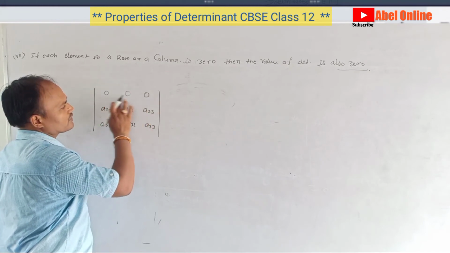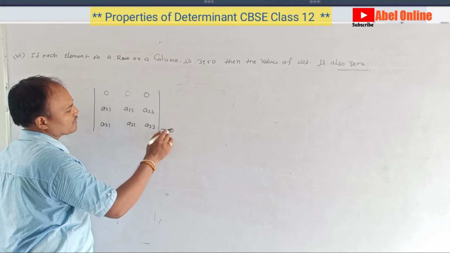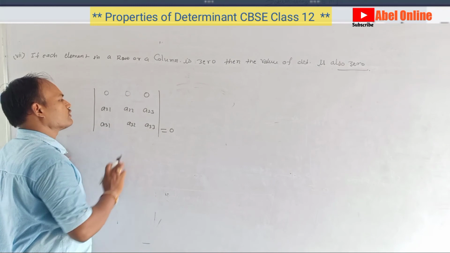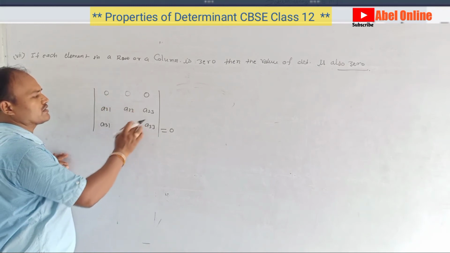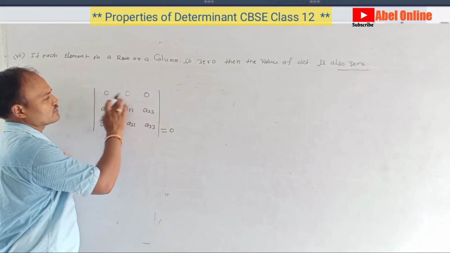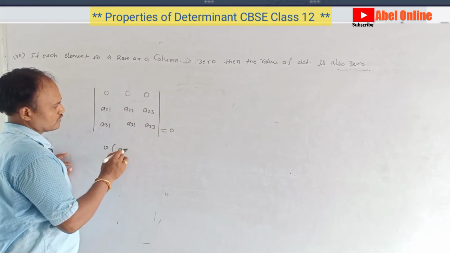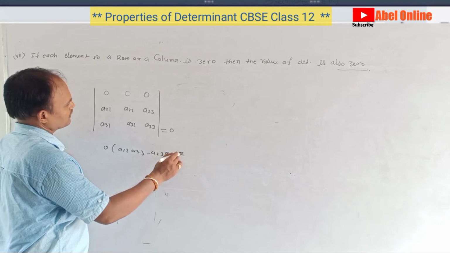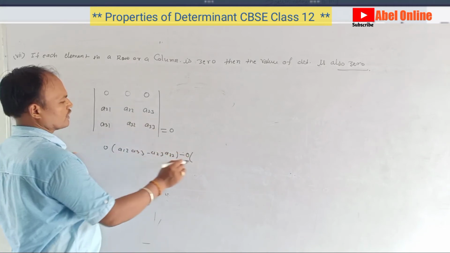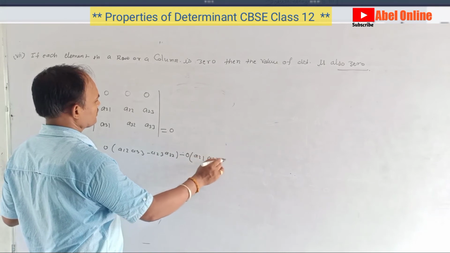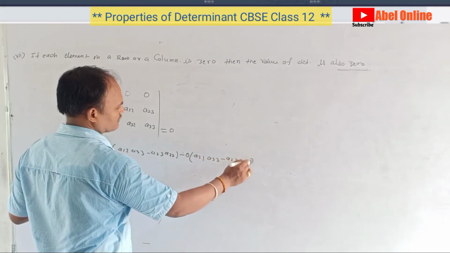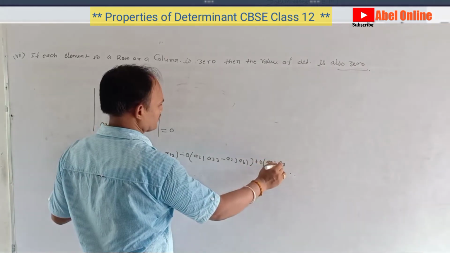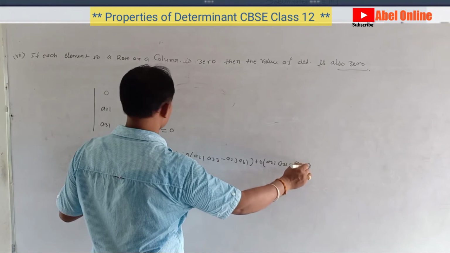If any row has all elements 0, then the value of the determinant is directly 0. Because when we expand along that row, 0 multiplied by (A22 A33 minus A23 A32), minus 0 multiplied by (A21 A33 minus A23 A31), plus 0 multiplied by (A21 A32 minus A31 A22).